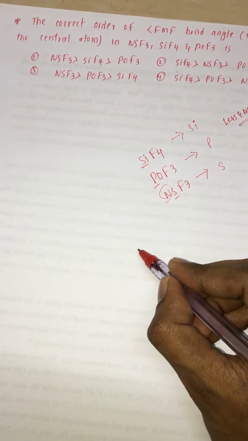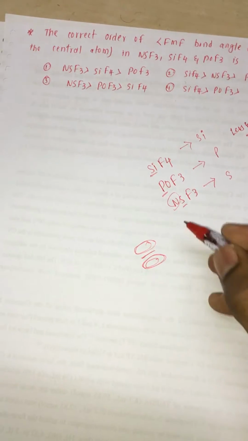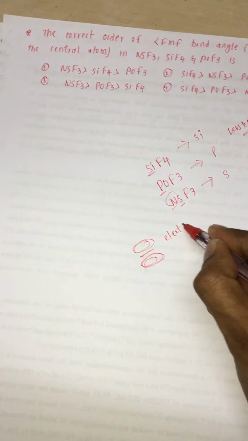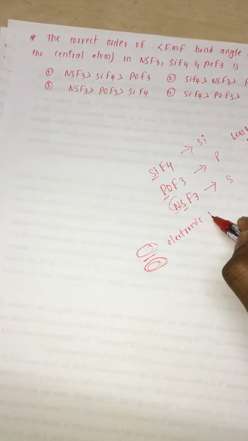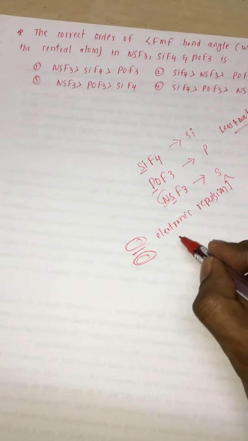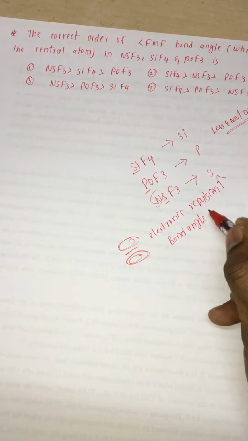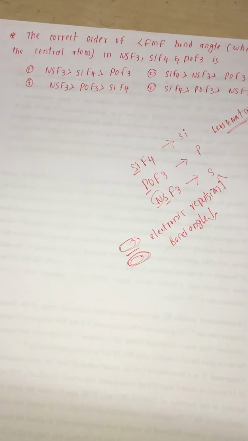Now, as we know, if the electron cloud around the bond increases, electronic repulsions will increase. If electronic repulsions increase, bond angle will decrease. This is the concept here.